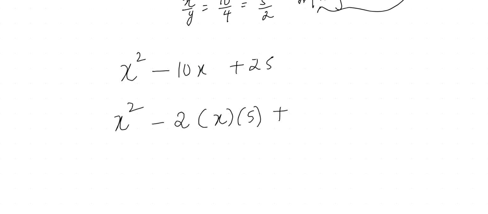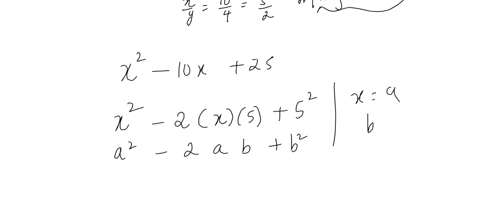That will be a square minus 2ab plus b square. If you look closely, x is like a here, b is like 5. So a square minus 2ab plus b square is a minus b the whole square. So in this case, it will be x minus 5 the whole square.